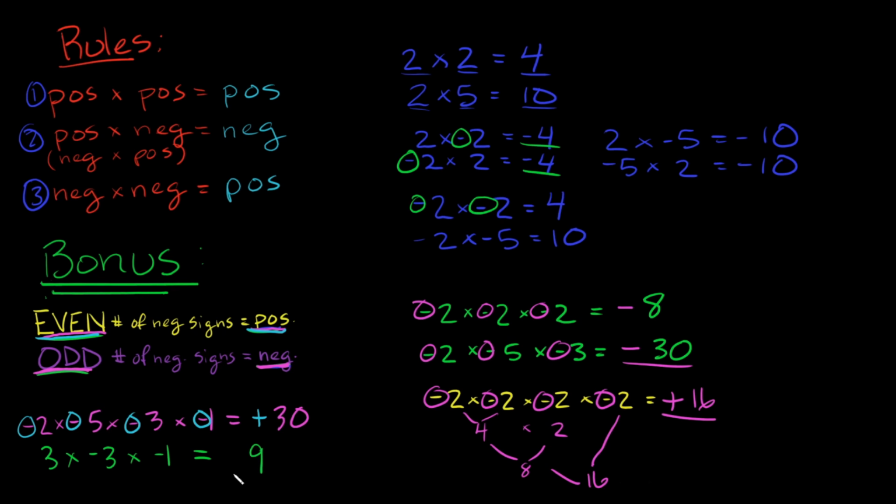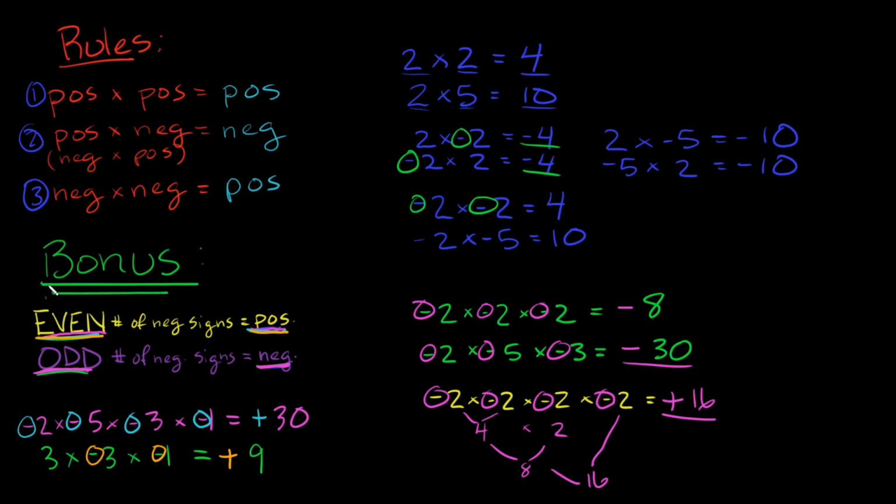Is this positive or negative? Well, how many negative signs do we have? We have 1, 2 negative signs. Is 2 even or odd? Number 2 is even. So our answer is positive.